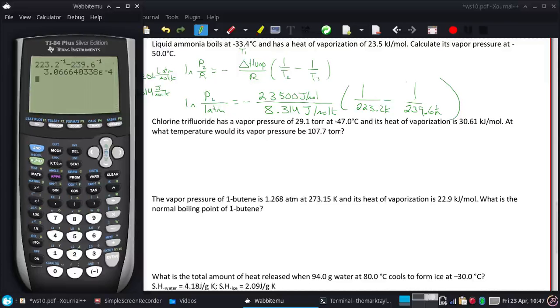Then I'll multiply that by 23,500. That's not zeros. And divide by 8.314. And I'll need to put this negative in.